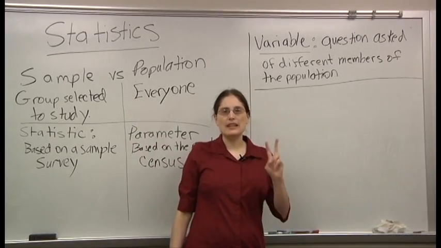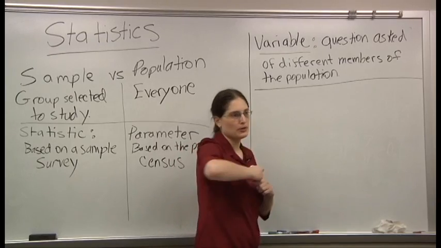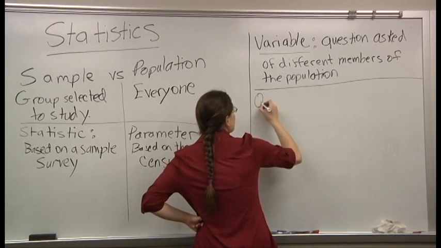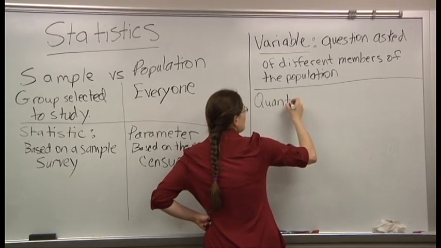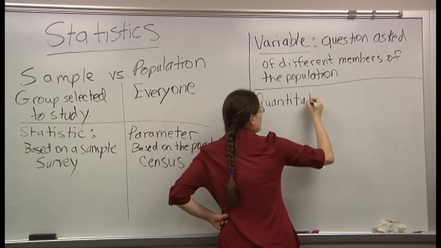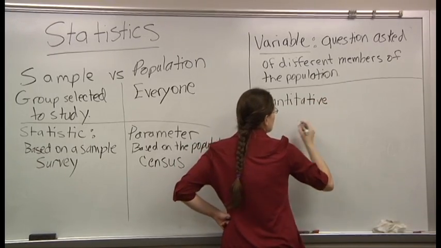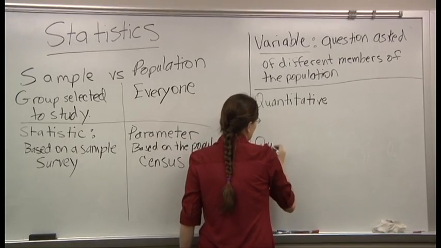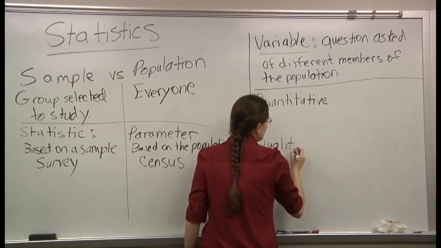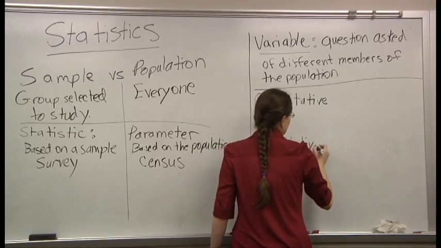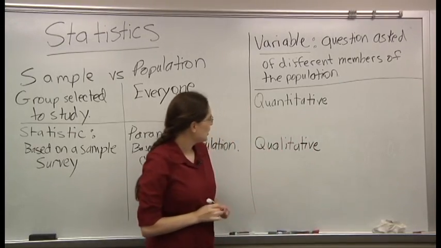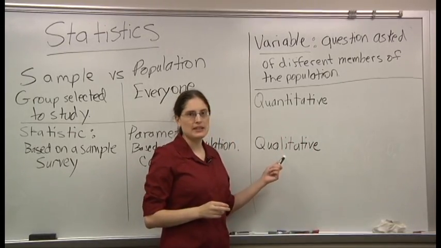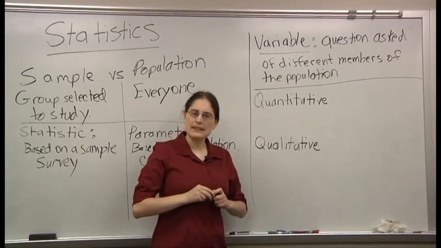There are two main types of variables. Quantitative and qualitative. One has an N and one has an L. What's the difference?